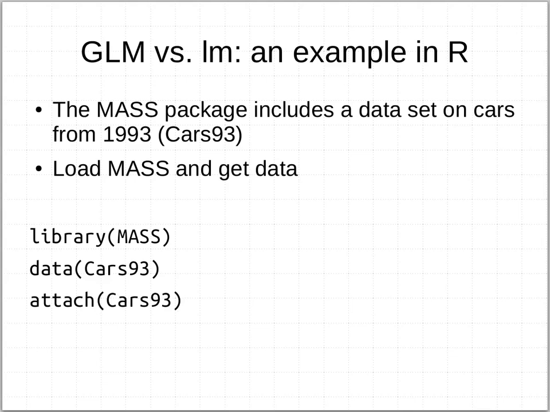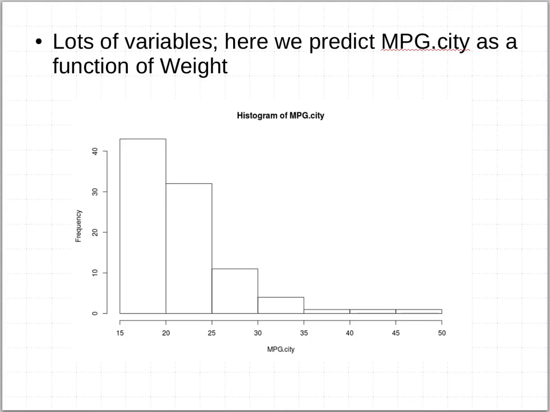Inside of that data set there are lots of variables, and I'm going to choose the MPG in the city, miles per gallon in the city, as a response variable over and over again. I'm just going to begin with a simple bivariate regression model where I'm going to use weight to predict the MPG in the city for cars. Okay, and I'm going to use linear models and GLMs both.